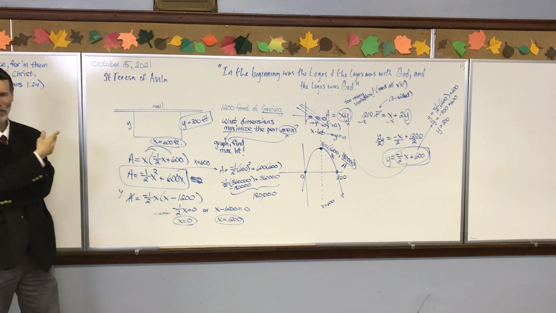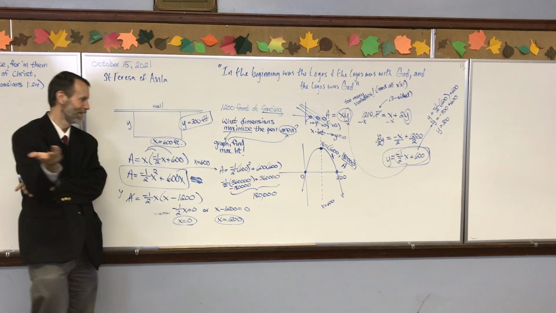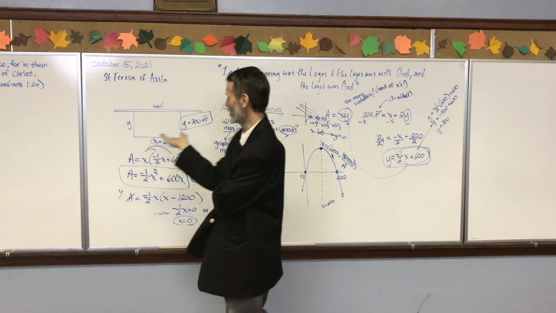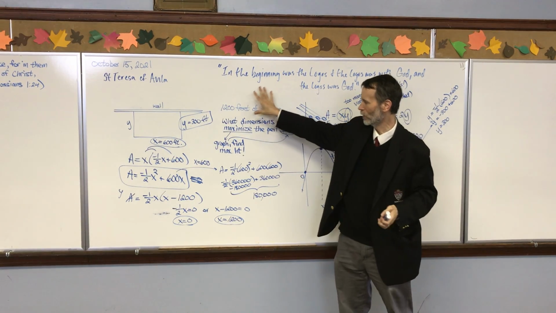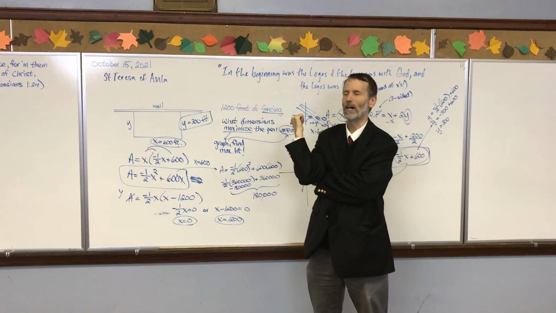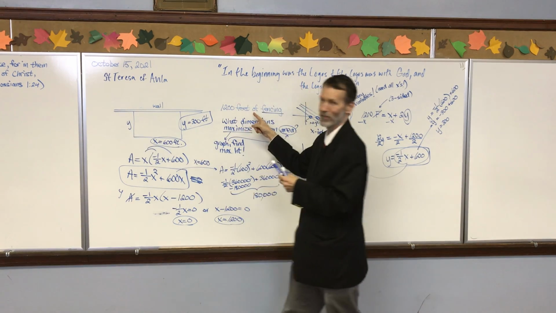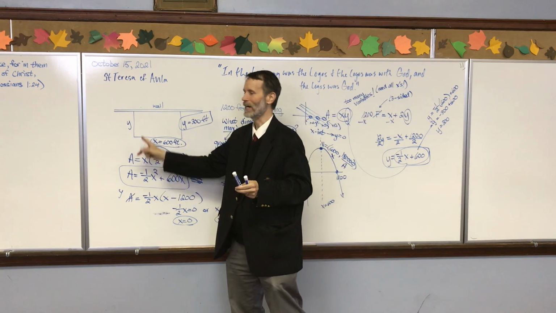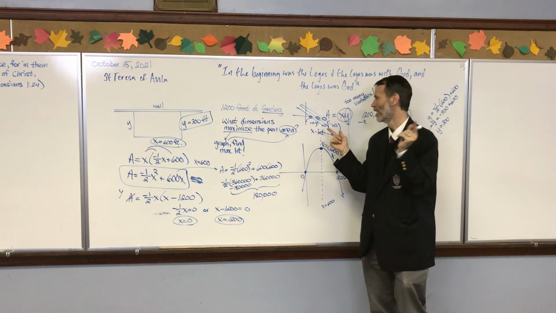The fact that they're talking about sheep is not all that relevant. You could put cows in here and they're dumber, but it doesn't make any difference. But the measurements do. If you look through the entire story, there are 2 things that caught my attention math-wise. They talked about the length of the fence, 1,200 total, and they talked about area, because they want to maximize the area. Those are the only two things they mentioned.